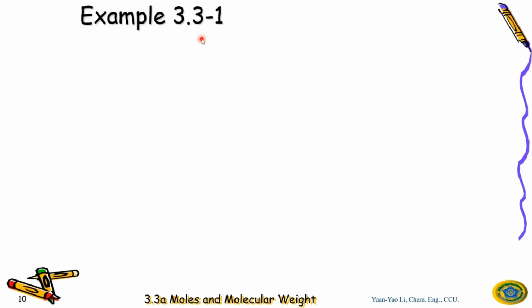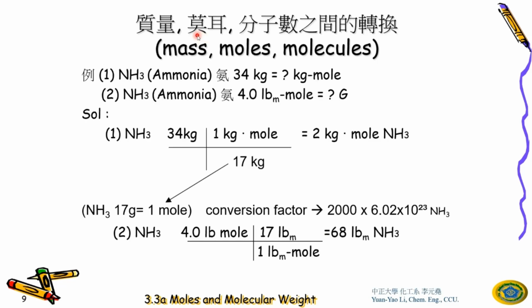If you want to know the molar flow rate, when we learned mass flow rate, volumetric flow rate, there's another flow rate called molar flow rate. And the conversion factor between mass flow rate and molar flow rate is atomic weight or molecular weight.